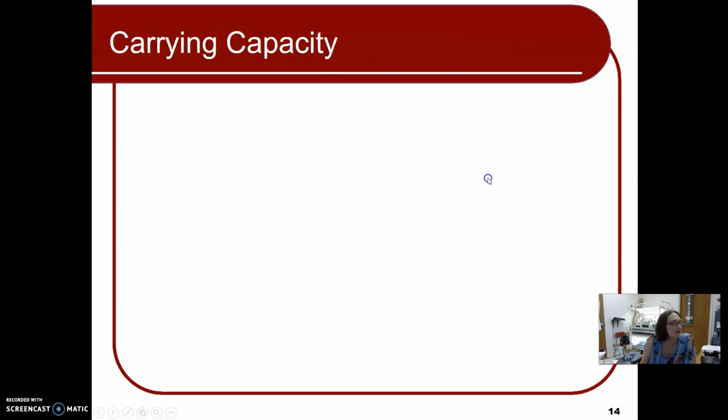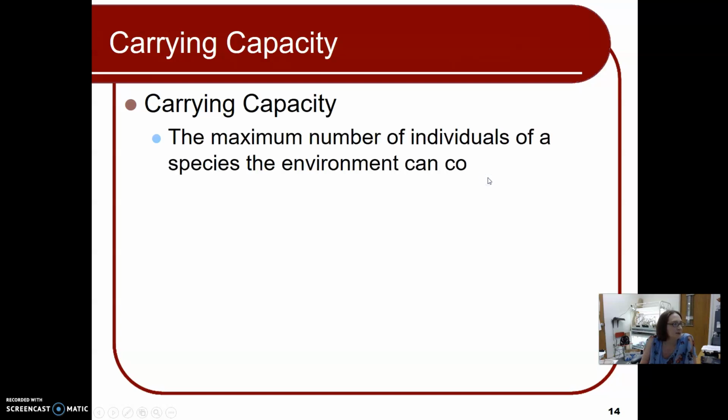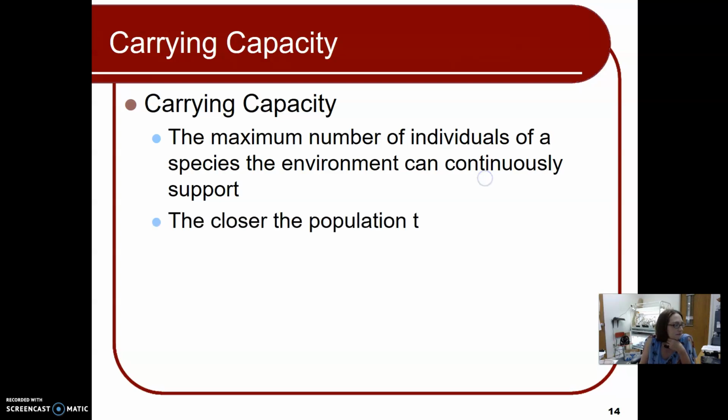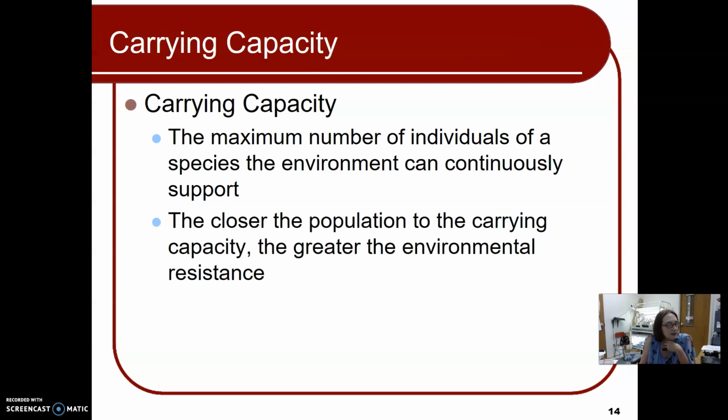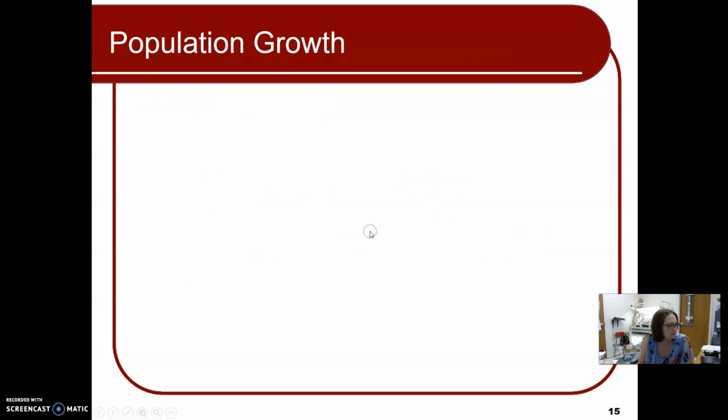Carrying capacity is the maximum number of individuals the environment can support. And the closer the population is to the carrying capacity, the greater the pushback from that environmental resistance.